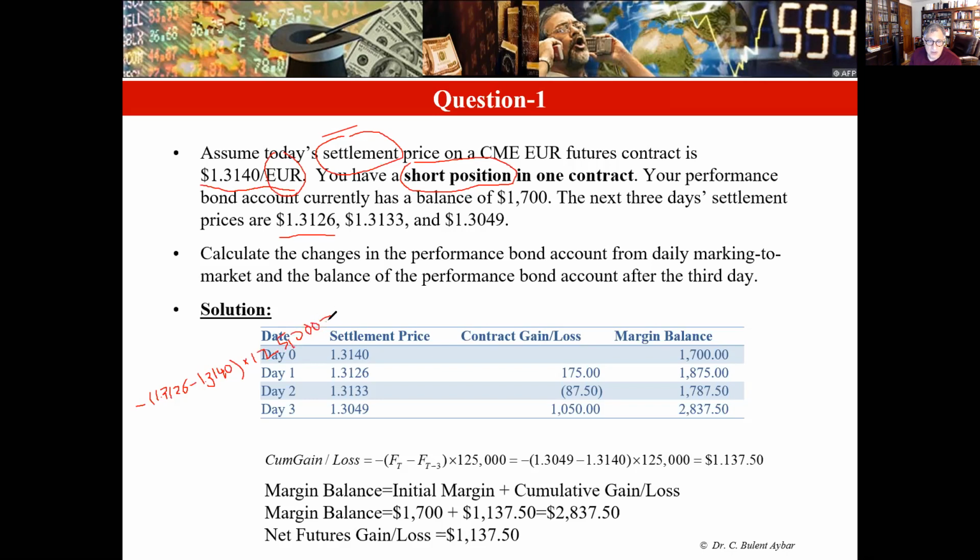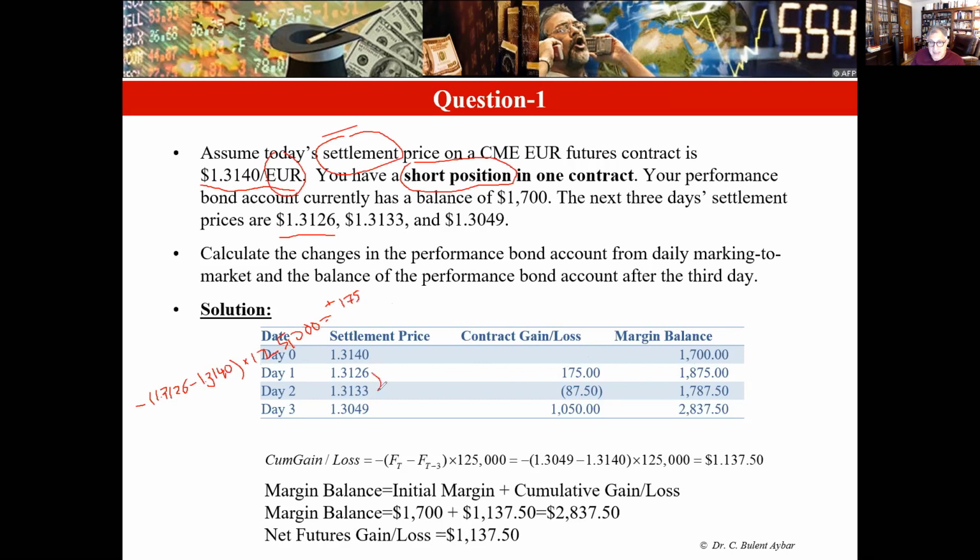That would give us $175 of gain for the first day. So we will have $175 coming into our account, and our account balance is going to be $1,875 after the first day.